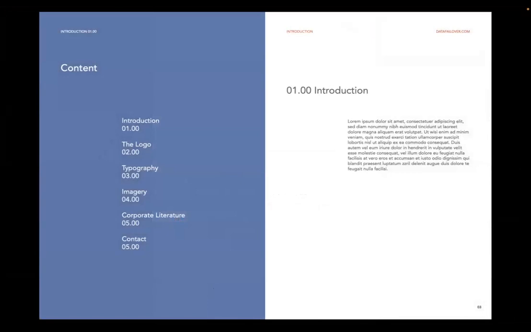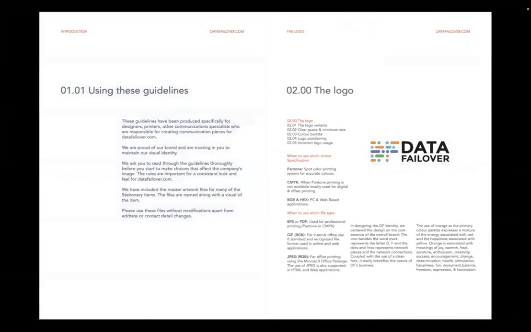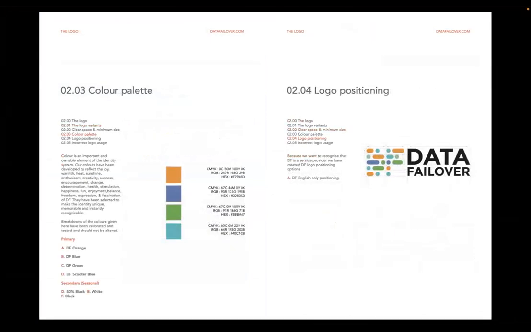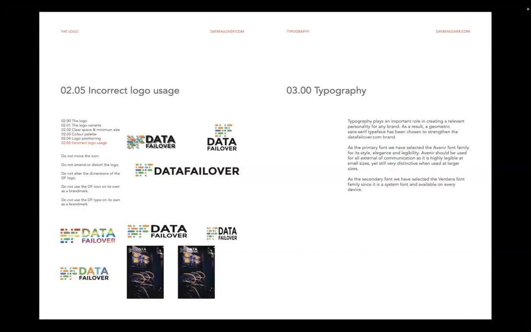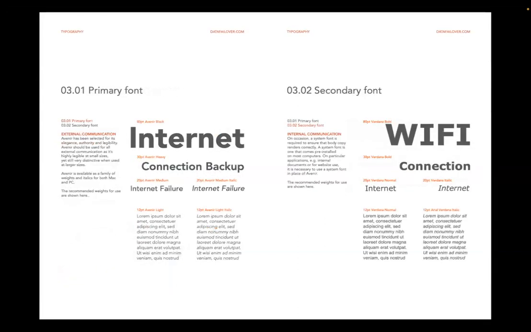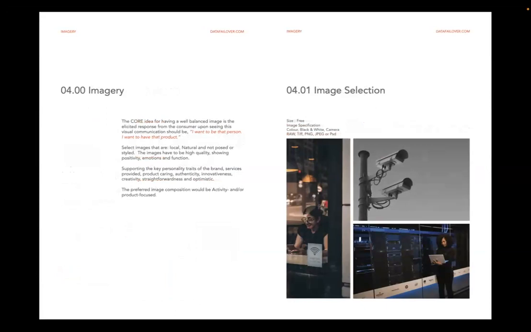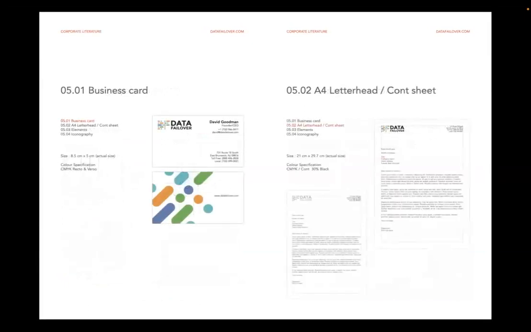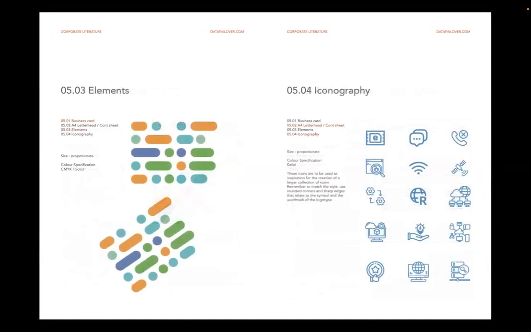So you have the introduction, how to use the guideline, how to use the logo, the minimum spacing, the grid of the logo, colors of the logo in all the swatches, and then how not to use, and then the typography, the primary typography and the secondary typography, and then the imagery, what kind of image styles you can use, and then their corporate literature, all the iconographies that you can use.